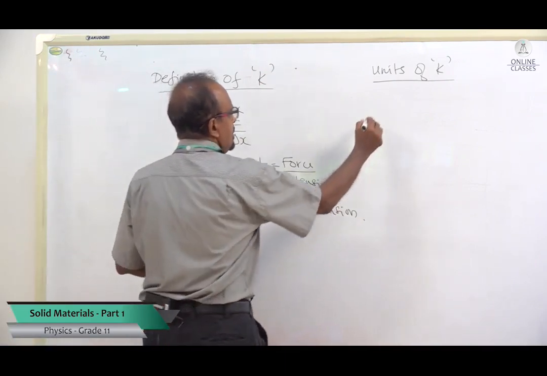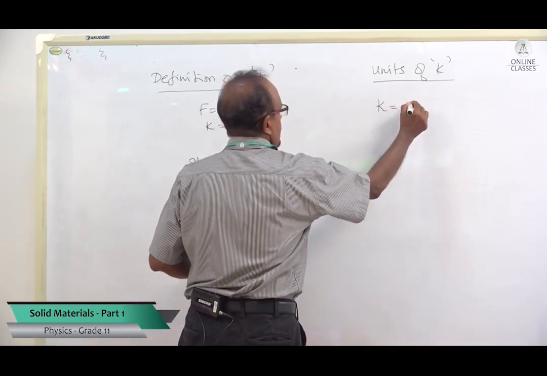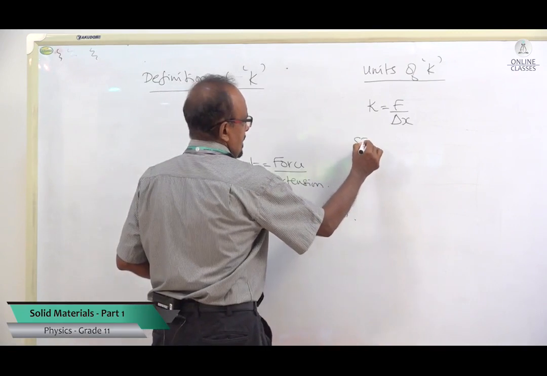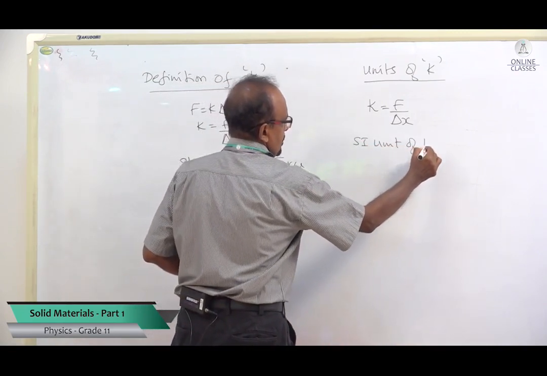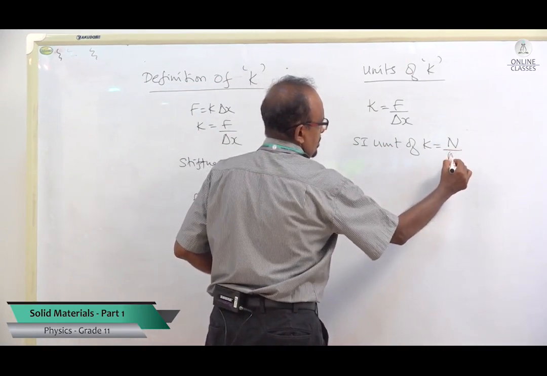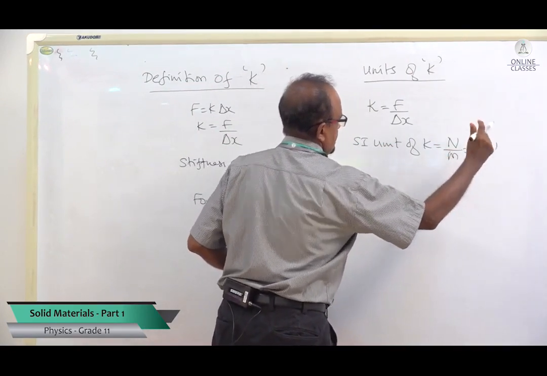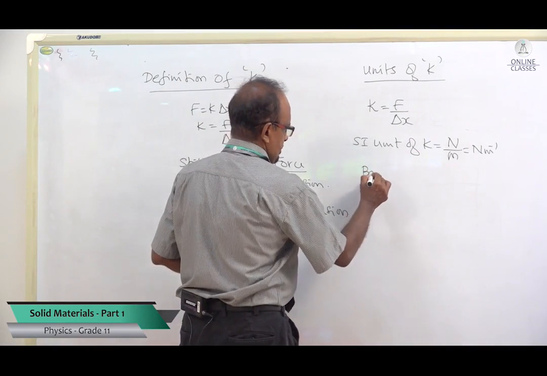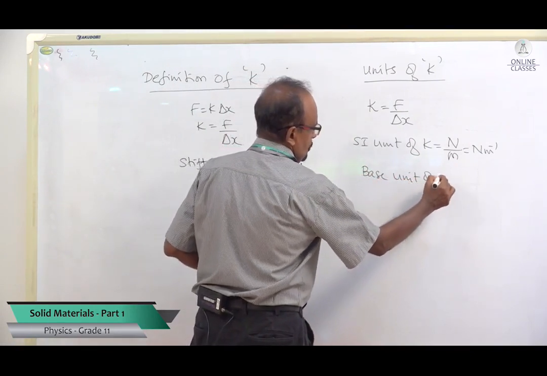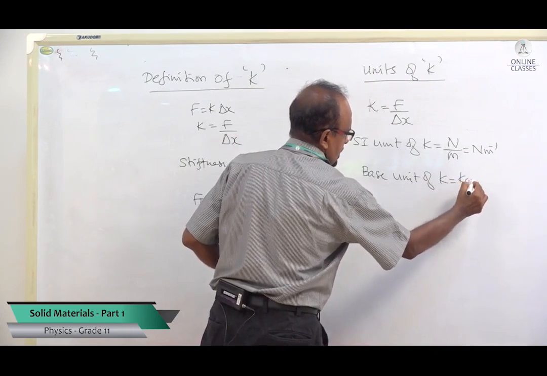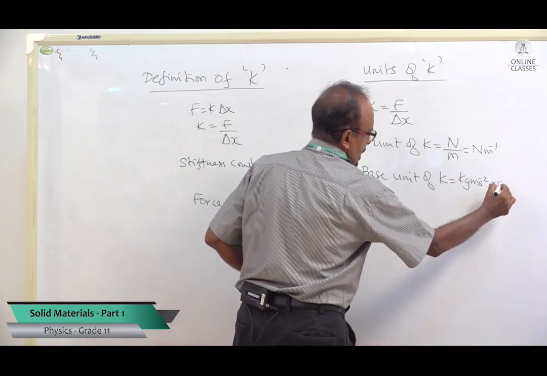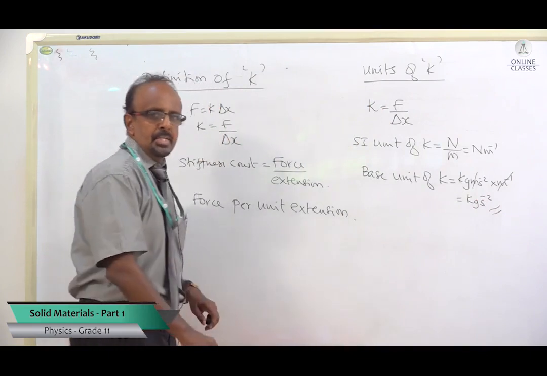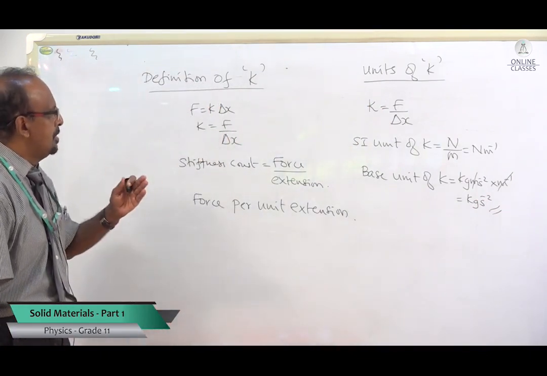When you are calculating, if K equals F over delta X, you can directly substitute the units. First, the SI unit of K will be Newton per meter. Then the base unit of K: Newton is kg m s minus 2, times m minus 1, m cancels, so the base unit is kg s minus 2. That is the base unit of K.